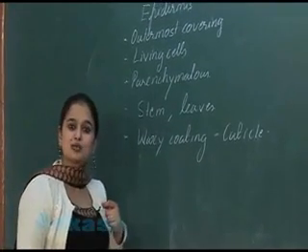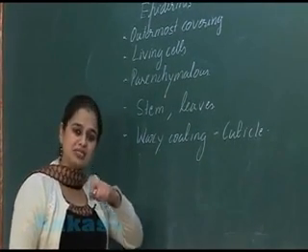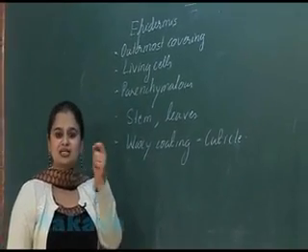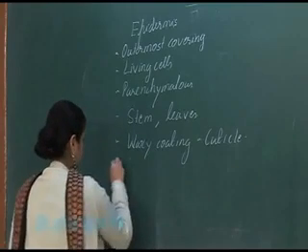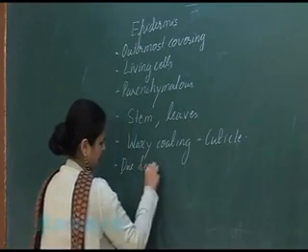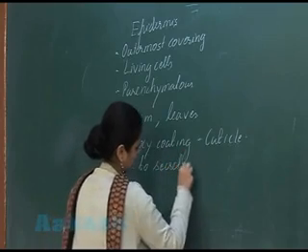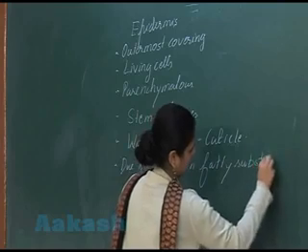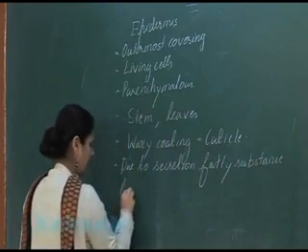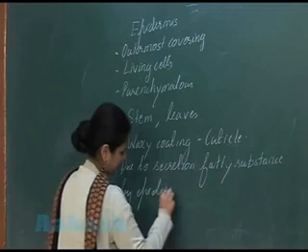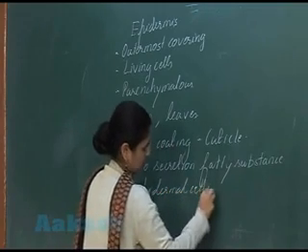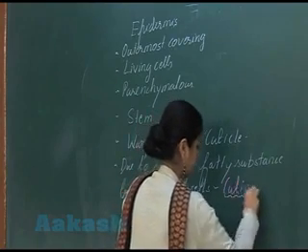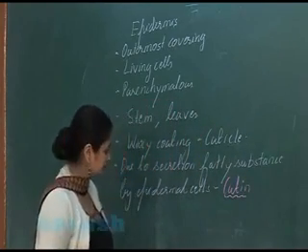Now, how is this cuticle formed? Because the epidermal cells secrete a fatty substance, that is cutin. It is formed due to secretion of a fatty substance by epidermal cells, that is cutin, right?